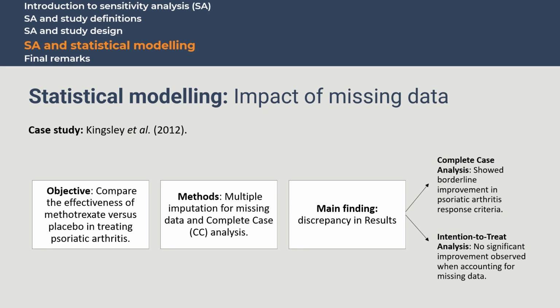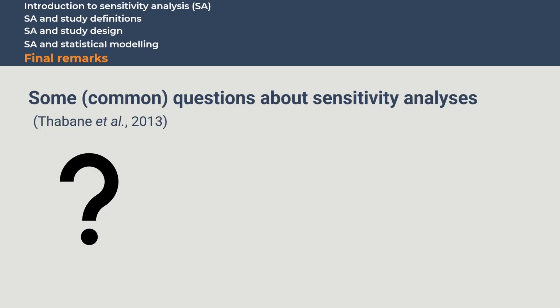One of the first questions is about when one should perform sensitivity analysis. Sensitivity analysis should be a standard component of any research to evaluate the robustness of the primary findings. Since all statistical methods used in research are based on assumptions, it's crucial to test these assumptions and assess their impact through sensitivity analysis.